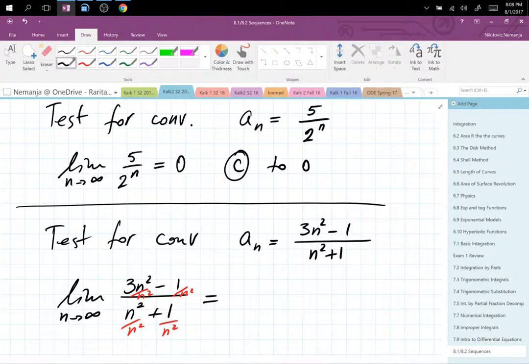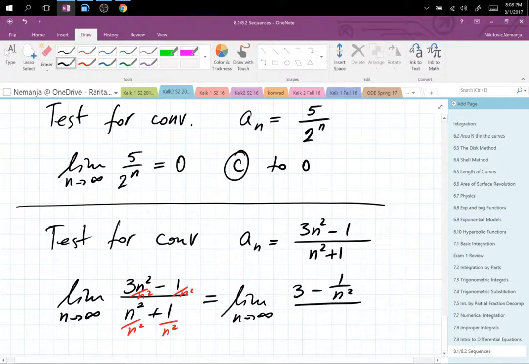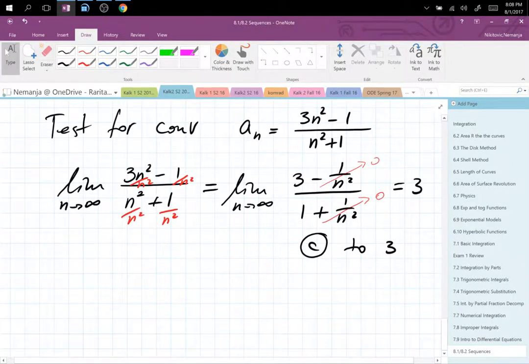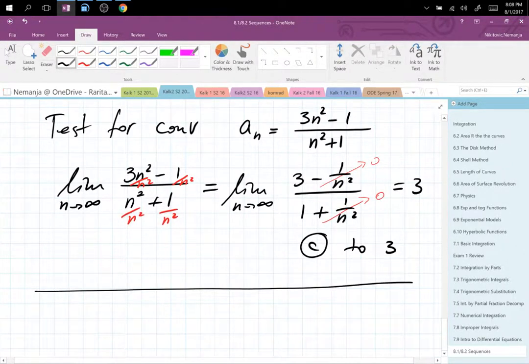And then we have limit n goes to infinity of 3 minus 1 over n squared over 1 plus 1 over n squared. Now 1 over infinity goes to 0. 1 over infinity goes to 0. 3 divided by 1 is 3. Converges to 3. Nice. Next one.